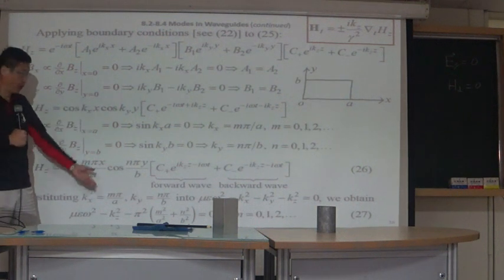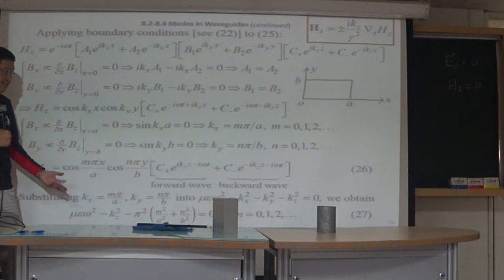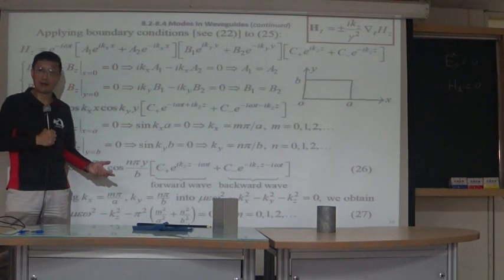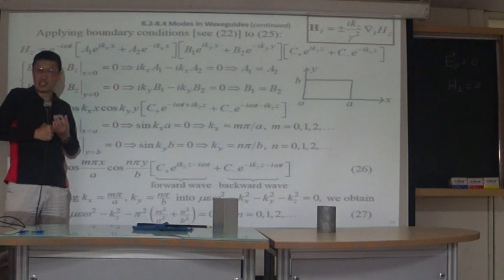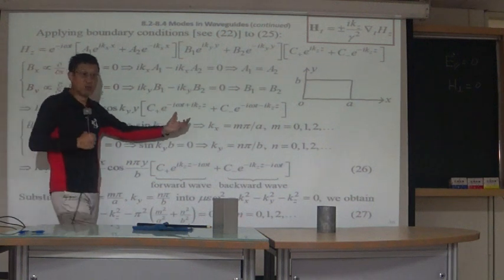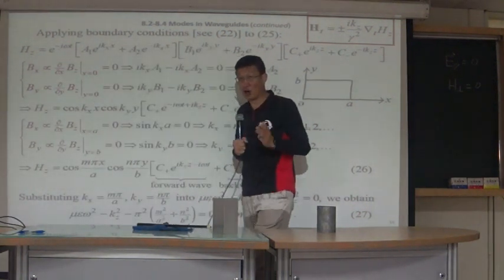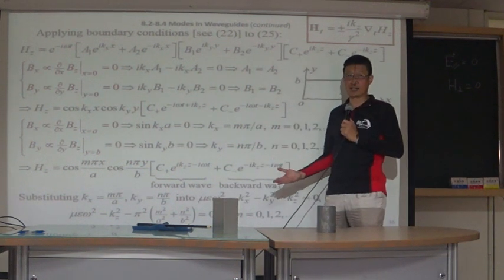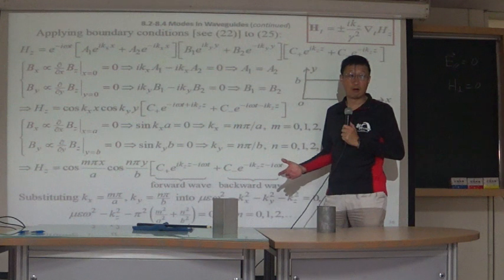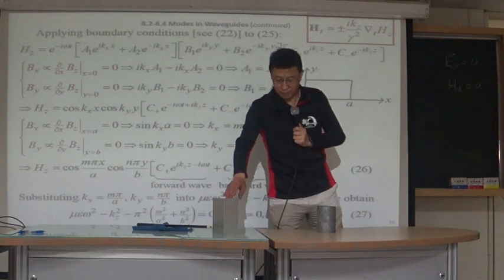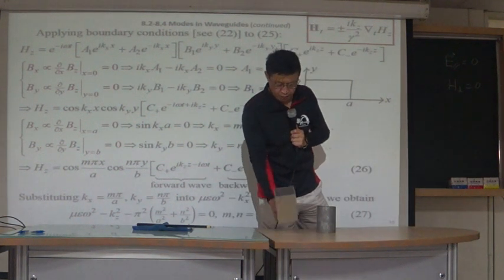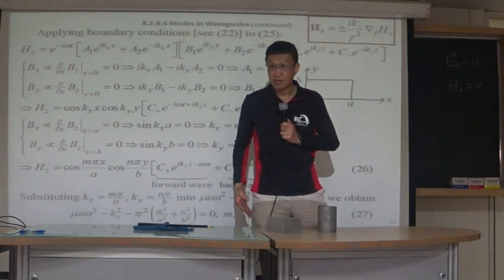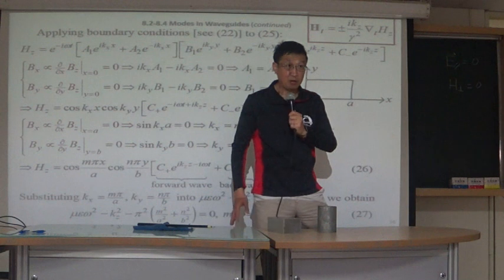Now, because of the boundary, kx, ky will be quantized. But kz cannot, because the waveguide is infinitely long. So kz cannot be quantized in this case. But you can quantize kz. How? This is a waveguide, infinitely long, so in this case, kz cannot be quantized.